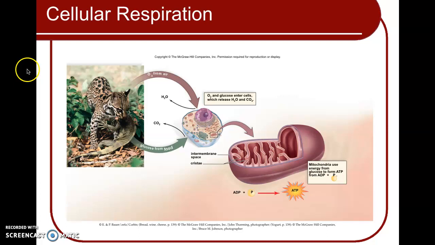Here we have an ocelot, a little jungle cat, eating an iguana, and it is breathing in oxygen from the air, and it's eating its prey. It doesn't necessarily have to come from a plant, but an animal that eats plants is also passing on that glucose. And so the food is first masticated.